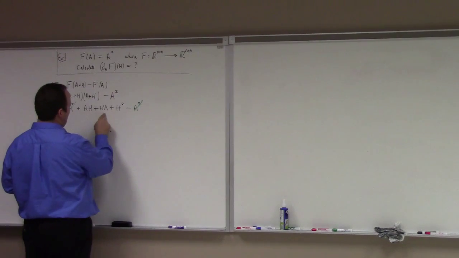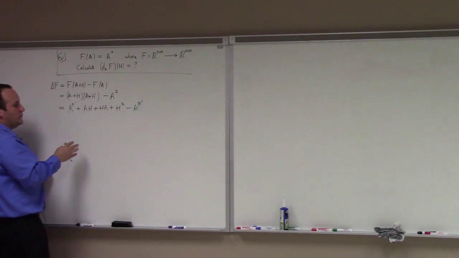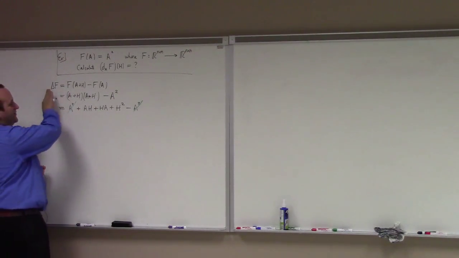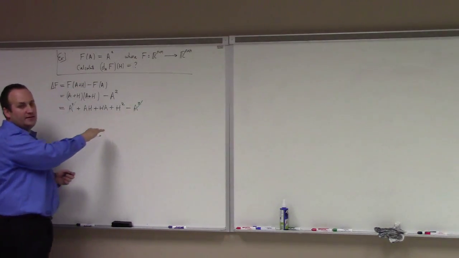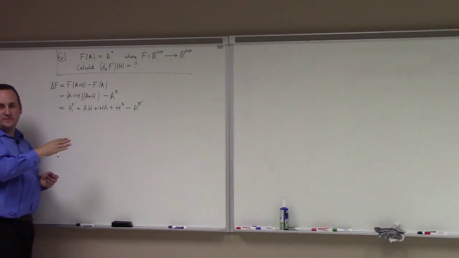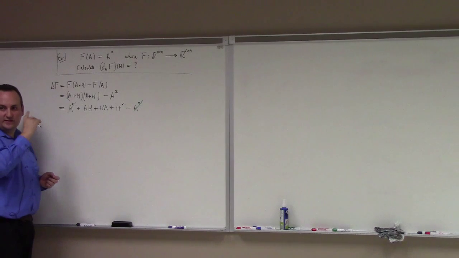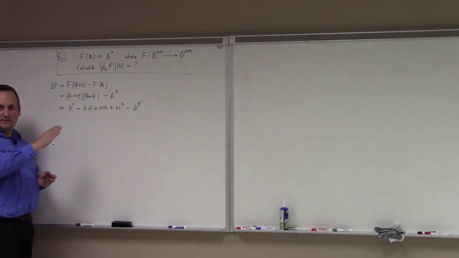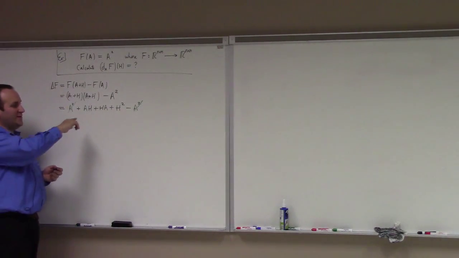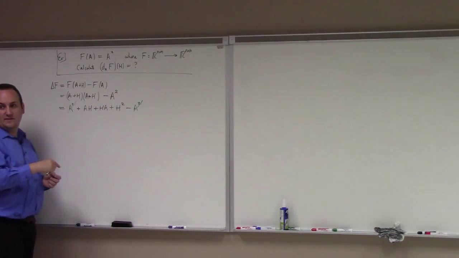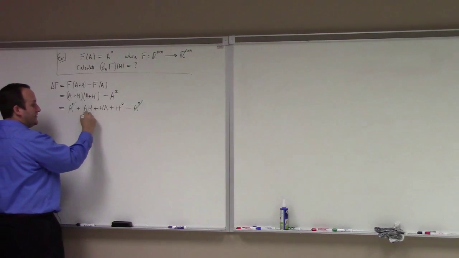All right, now, so the question then is, just because you calculate the change, that doesn't mean whatever here is the differential. You have to use some common sense. You look at it and ask which piece of this is the linearization? Which piece is not? H squared is not linear in H. However, this right here is.